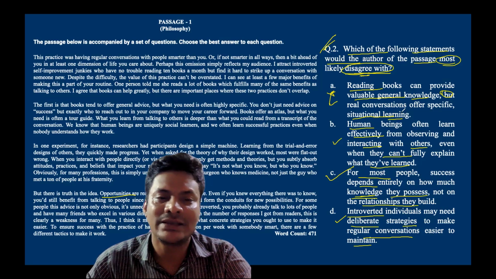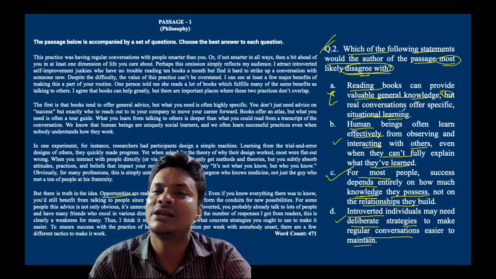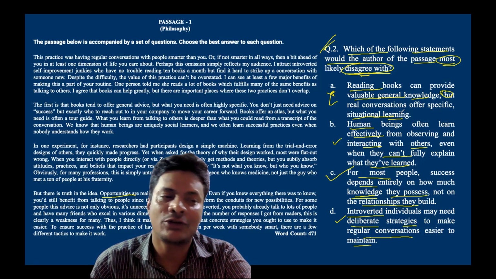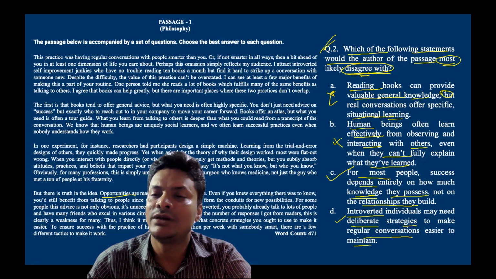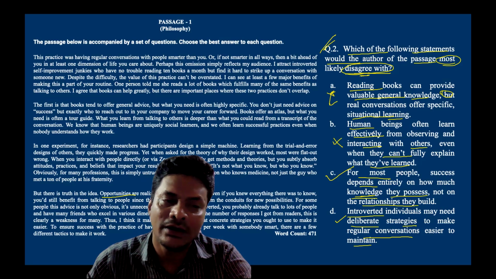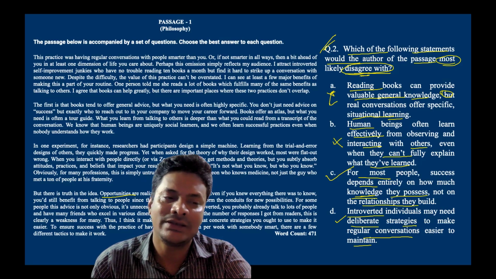So books give general knowledge, conversation gives specific learning, directly stated. Second is human beings often learn effectively from observing and interacting. This is also supported by the experiment example, isn't it?